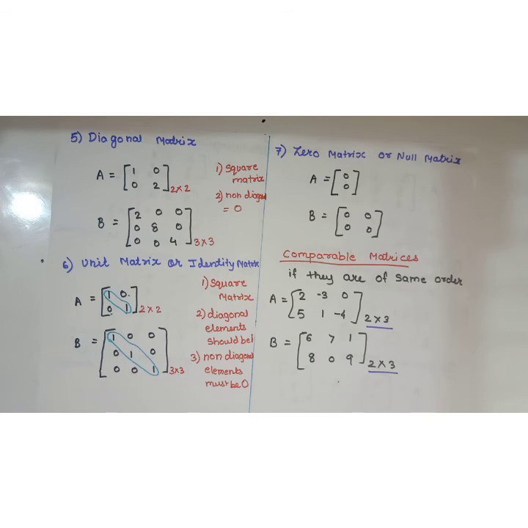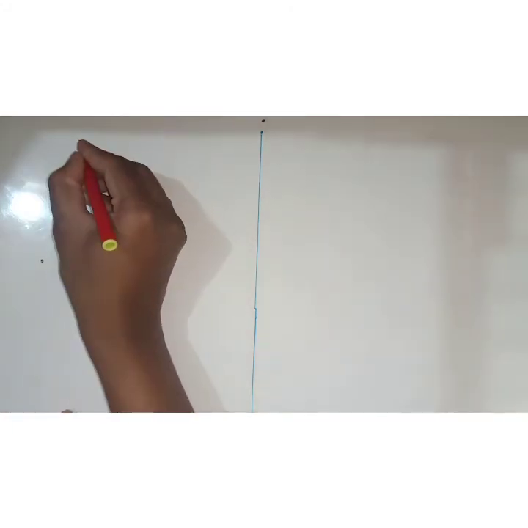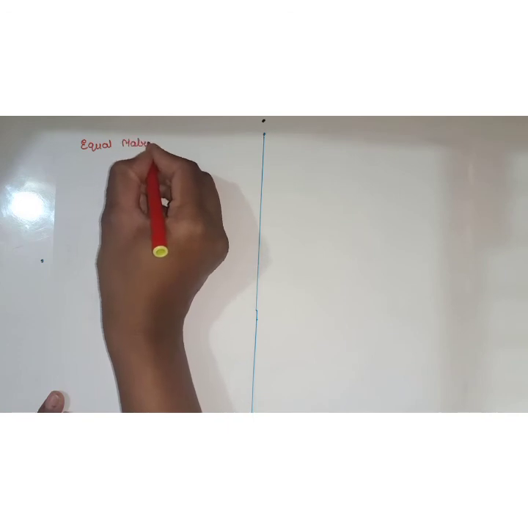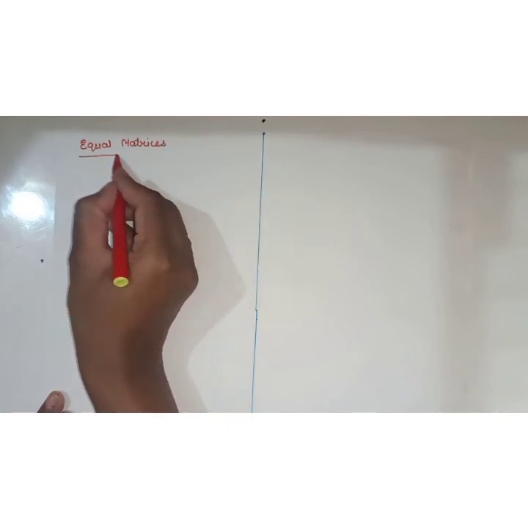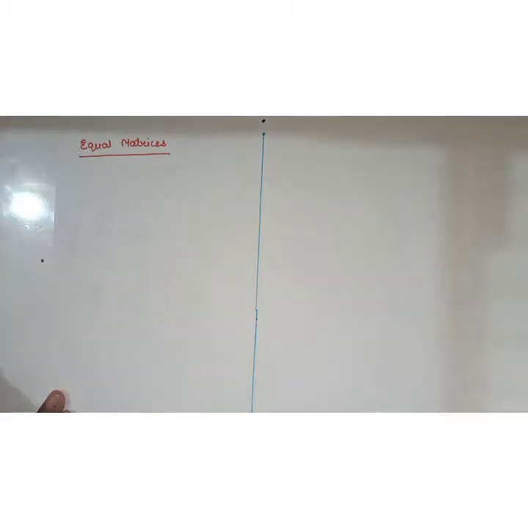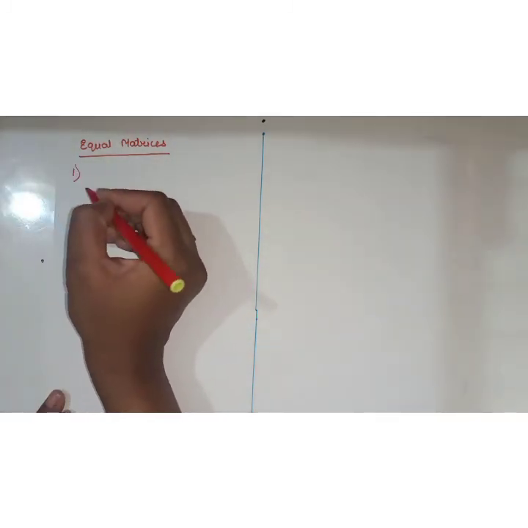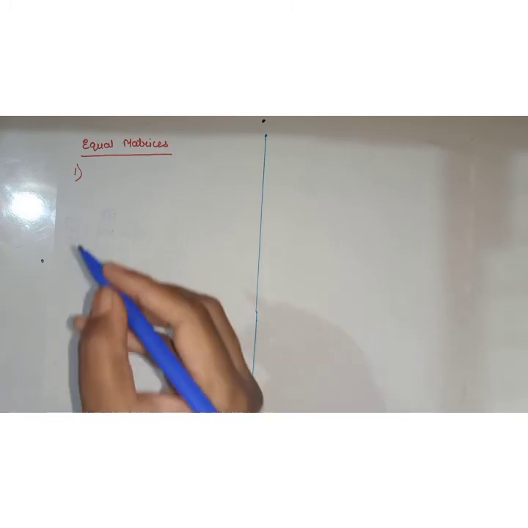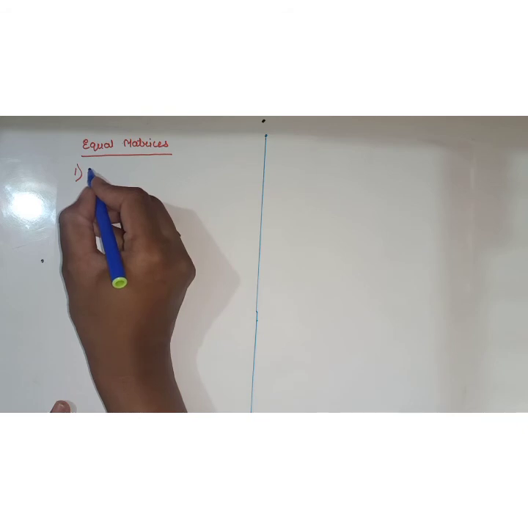Then the next term which we are going to see is equal matrices. Now, when do we say two matrices are equal? The first condition needed is that both the matrices should be of the same order.